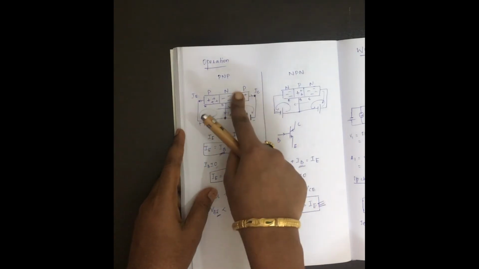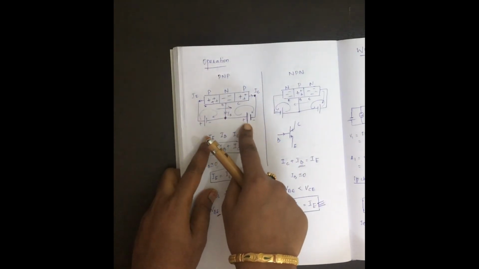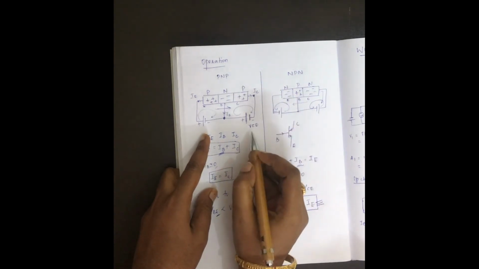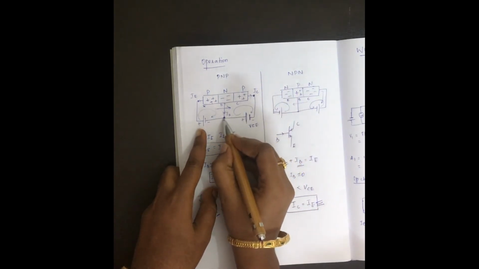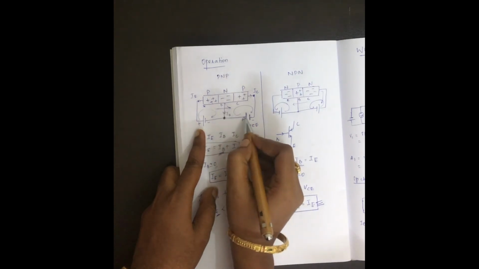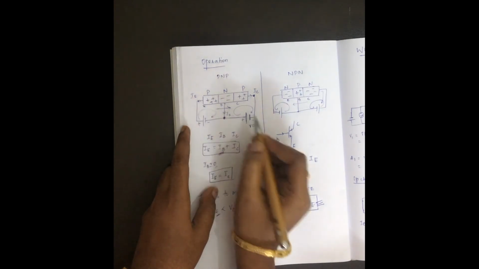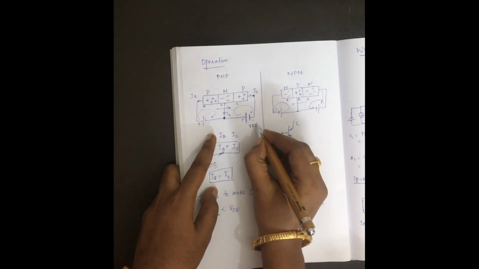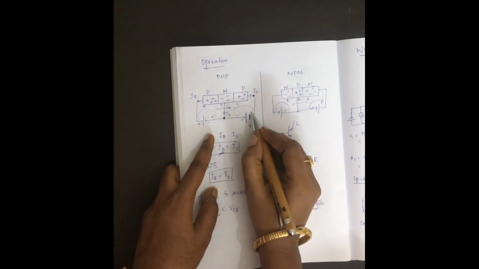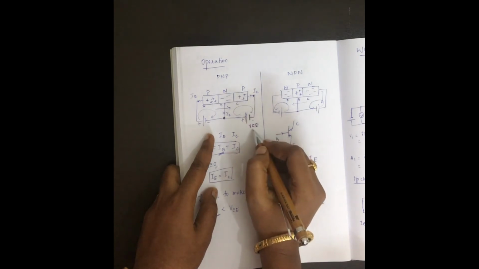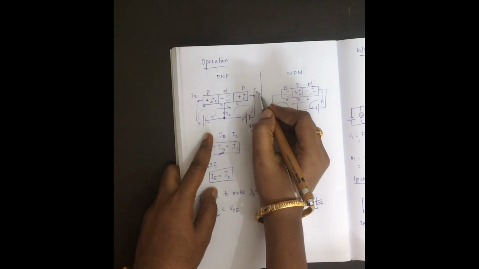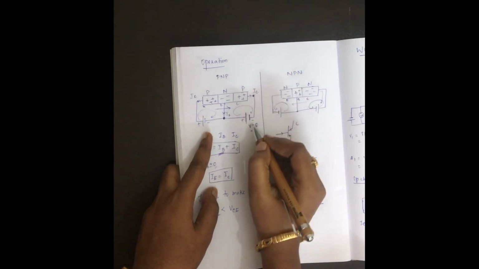For output characteristics we have to increase this voltage, which is VCE. This collector side is indirectly connected to base, but directly connected to emitter, so I am mentioning VCE here. This collector voltage you will increase. When you increase this voltage, the collector current will also start increasing.